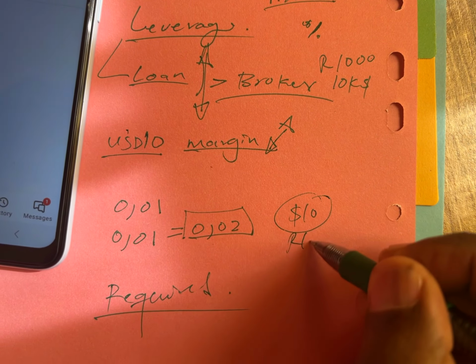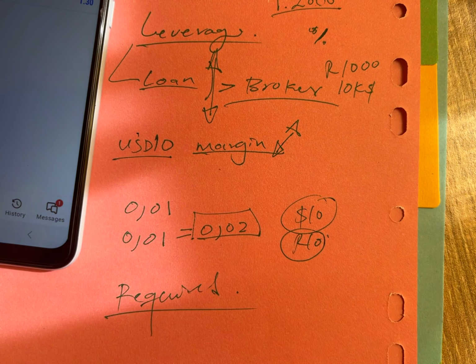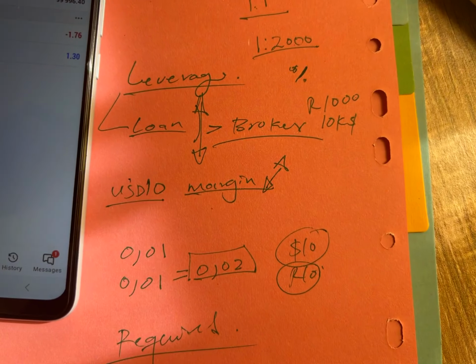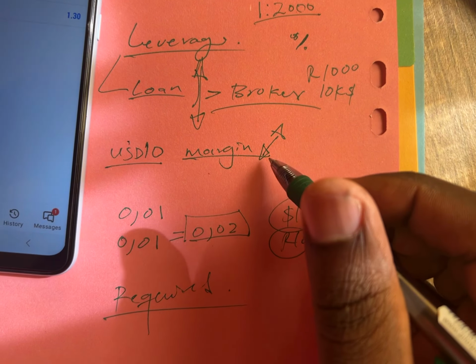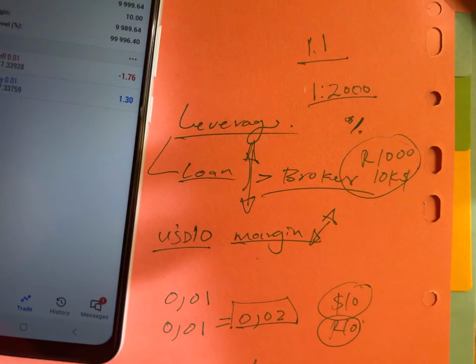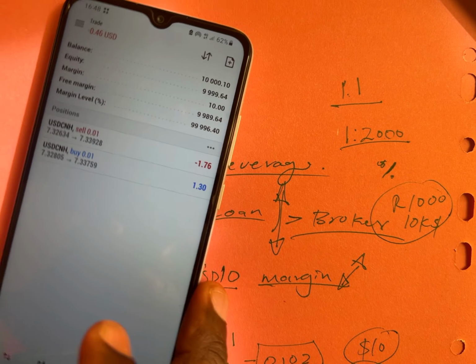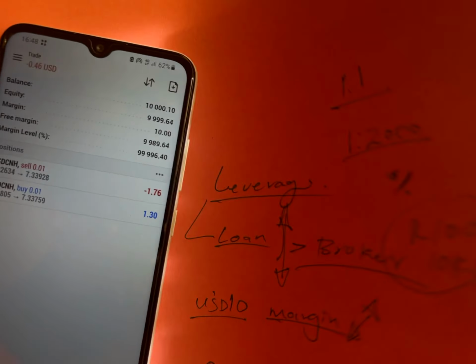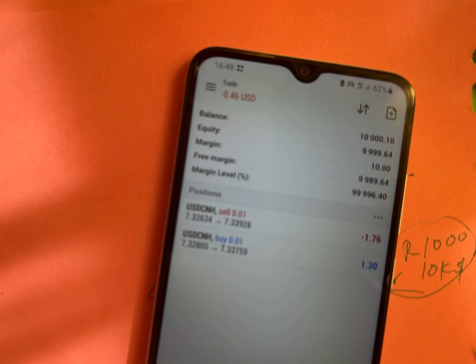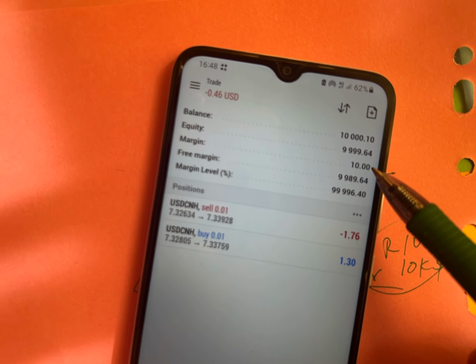Simple as that, or 10 rand. All right, that's how it is. Now this is the money that is needed, and this is the money that is required to trade. Let's count this money that is required.